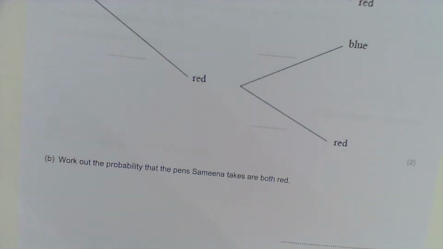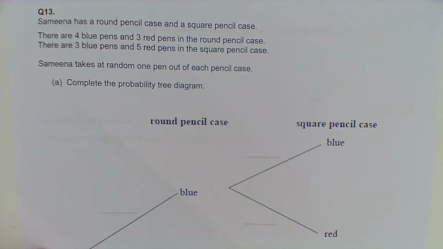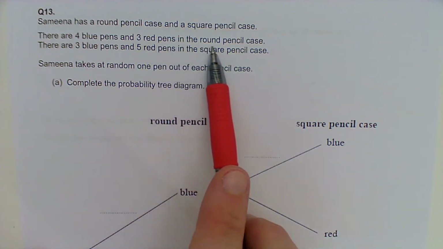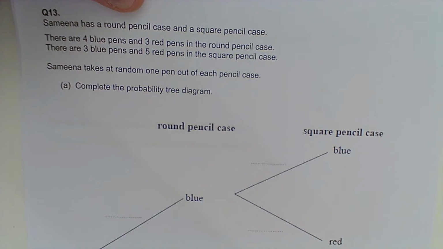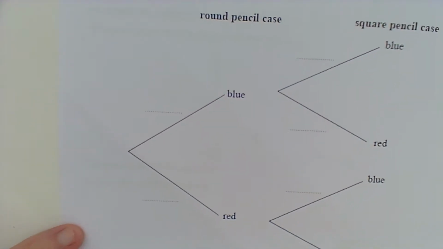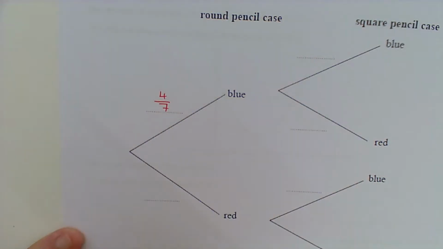That's 12 done. 13 was the big pie chart question. So we had a pencil case. There are 4 blue and 3 red pens in the round pencil case. So in the round one, I'm going to start filling this in straight away. 4 blue, 3 red is 7. So 4 blue, so that's 4 out of 7, and 3 red, that is 3 out of 7.